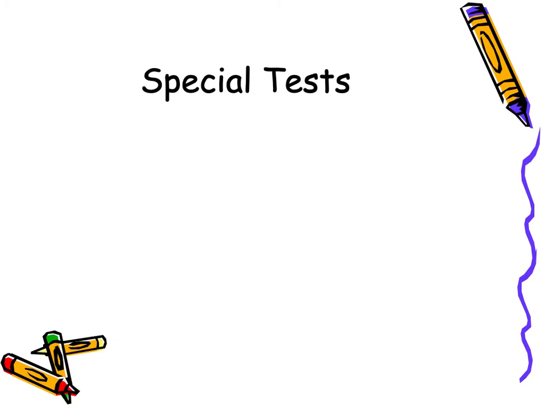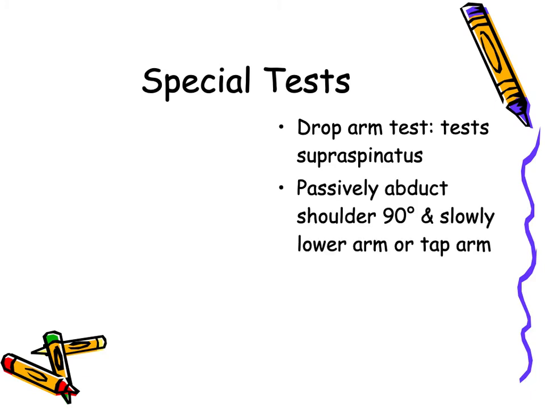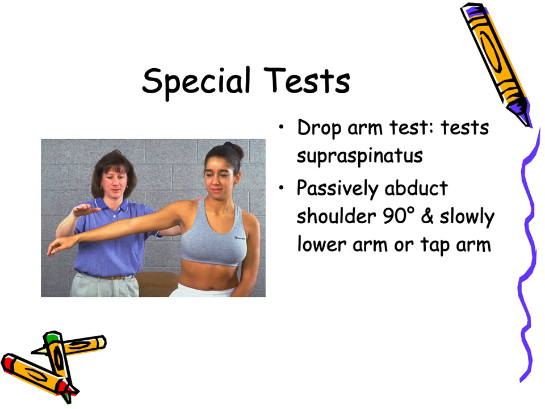And now we have some special tests. The first one is the drop arm test. This is for the supraspinatus in the rotator cuff. We passively abduct the shoulder to 90 degrees and ask them to slowly lower their arm, or you can tap their arm. I do it both ways just to compare the two.